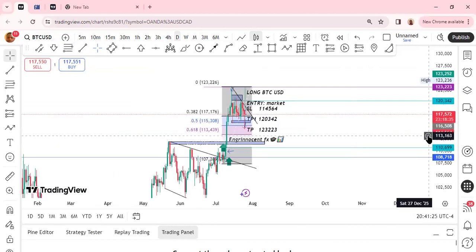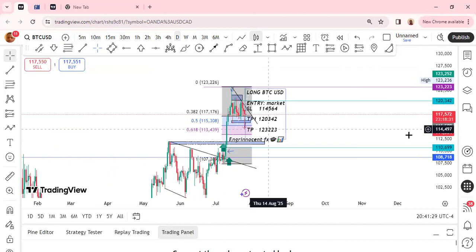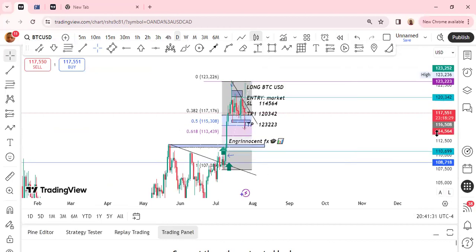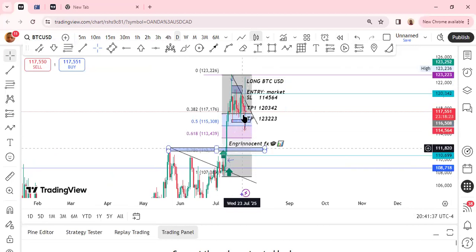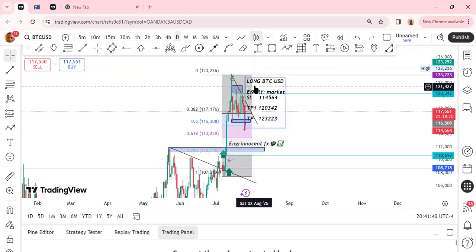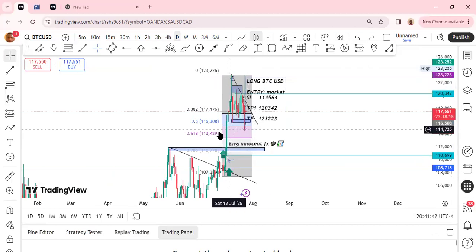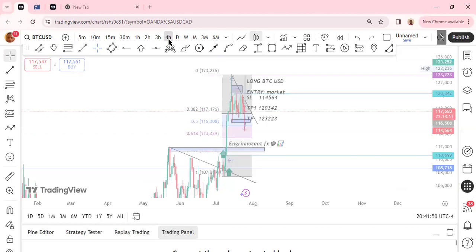So BTC broke out and then came down to this point. And I just used my tool as of yesterday evening to get the swing high, swing low, and I saw it was reacting to the 50% fib level. Now I had to just go to my lower time frame, 4 hours.